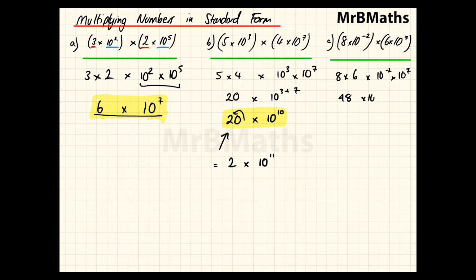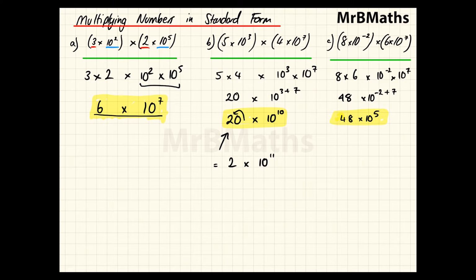And then we have times 10 to the minus 2 plus 7. So now we do minus 2 plus 7, which will give us 5. So we have 48 times 10 to the 5. Okay, now apparently this is our answer, but we need to double check that. And of course it isn't, because it's 48.